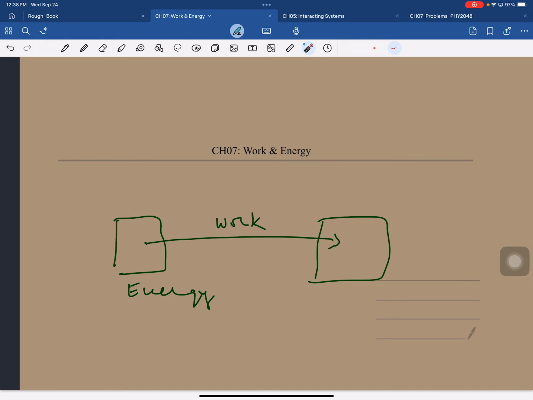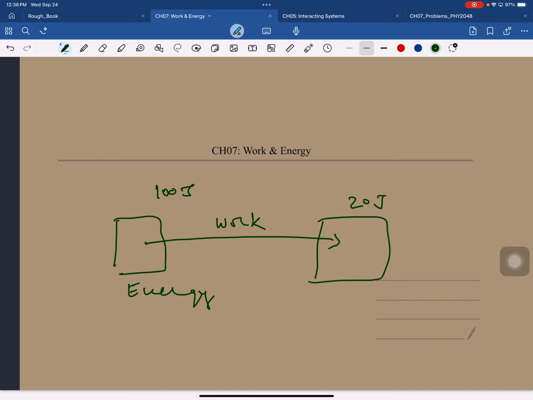Now, generally, when a person does work, we are about 20% efficient. So what does that mean? You used 100 joules of energy to do work. You ended up doing 20 joules of work on this object. I'm talking about a person.